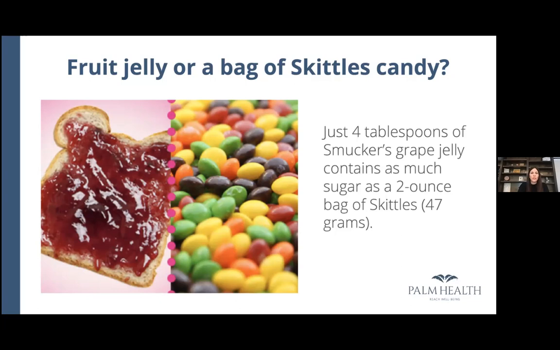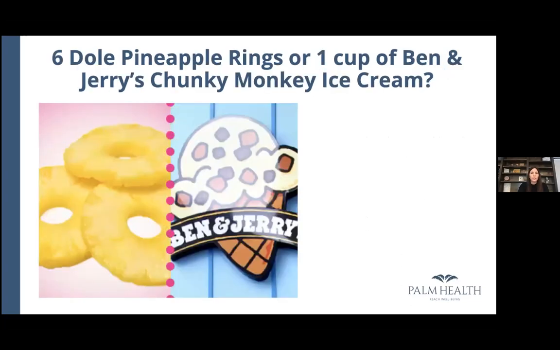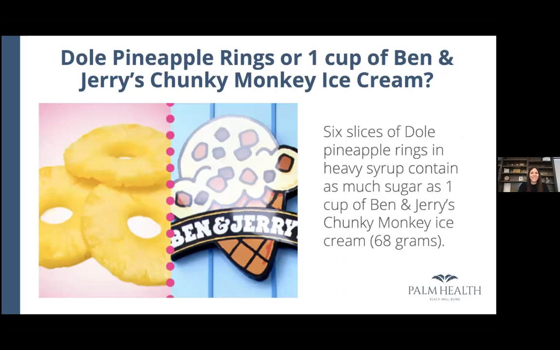So these aren't necessarily obvious foods, everyday pantry items like jam and salad dressing and barbecue sauce and ketchup, but they end up containing a lot of sugar that we don't even realize we're incorporating into our food. 6 rings of Dole pineapple rings compared to Chunky Monkey ice cream. 6 slices in heavy syrup contain as much sugar as a whole cup of Ben & Jerry's.